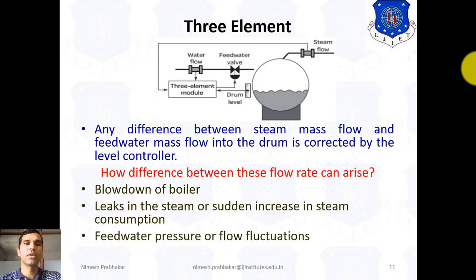And the feed water pressure or flow fluctuation, that means a change in the feed water pressure and fluctuation in the flow. That means the inlet flow of the water is fluctuated. So that's why the difference between the flow rates can arise.